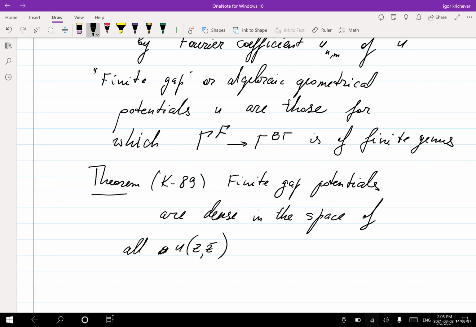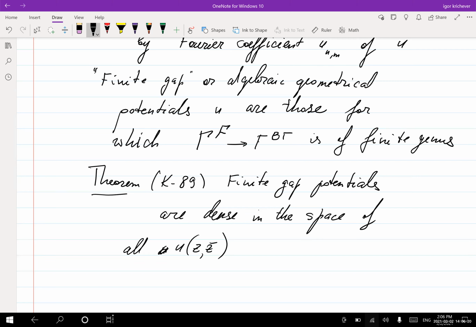You can think about this statement as a nonlinear analog of the following well-known fact. Consider trigonometric polynomials in two variables. They are dense in the space of all periodic functions. You just cut off all Fourier coefficients with indices big enough, and you can approximate any periodic function by trigonometric polynomials.